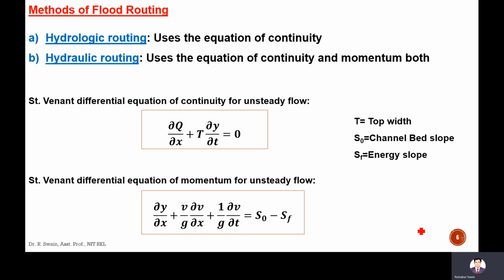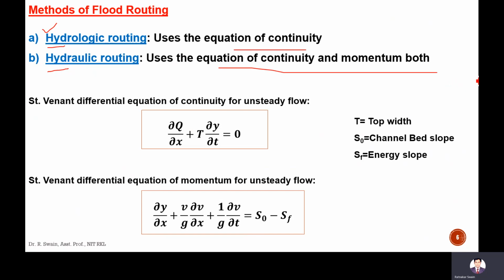But here, based on the method on which this routing is done, there are two classifications. One is hydrologic routing, another is hydraulic routing. Hydrologic routing uses the equation of continuity, but hydraulic routing uses both the continuity and momentum equations.